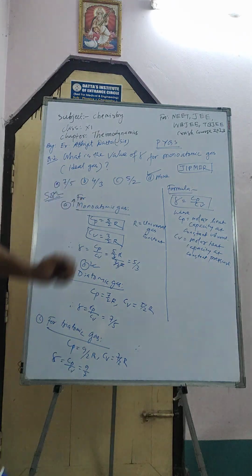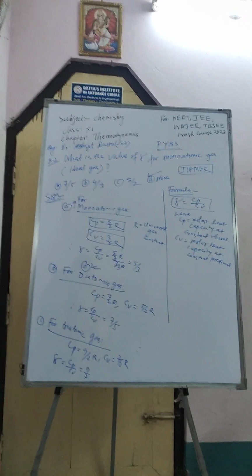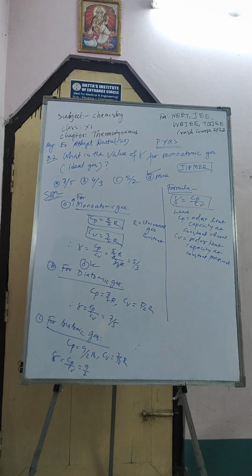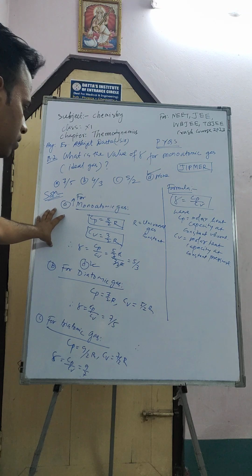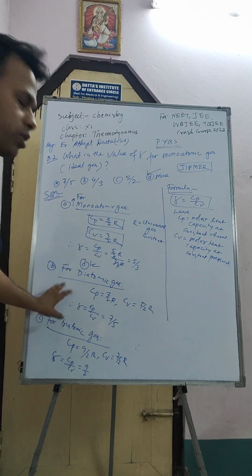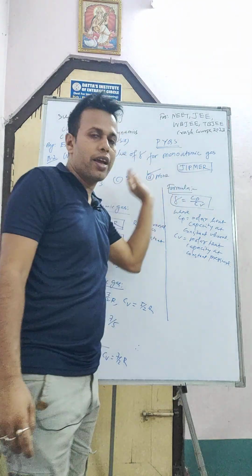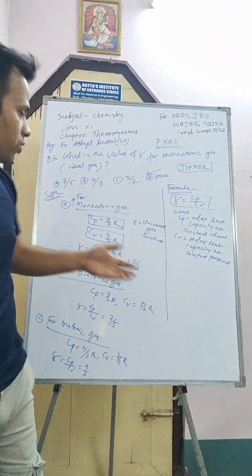Okay, so in the question they ask only for monoatomic gas, but I explained for diatomic gas and triatomic gas because in a coming entrance exam question they may ask for triatomic gas.